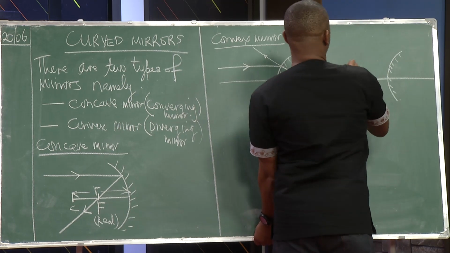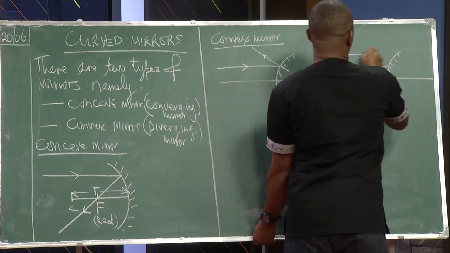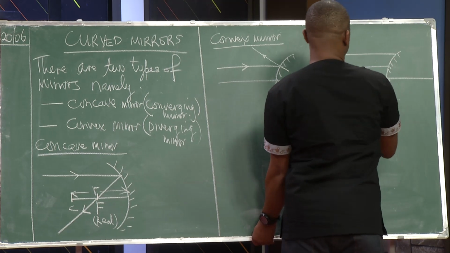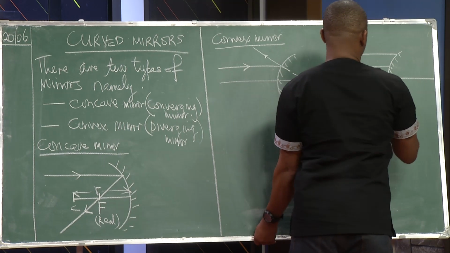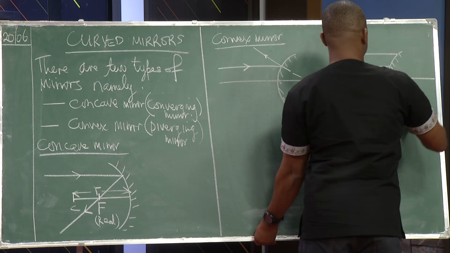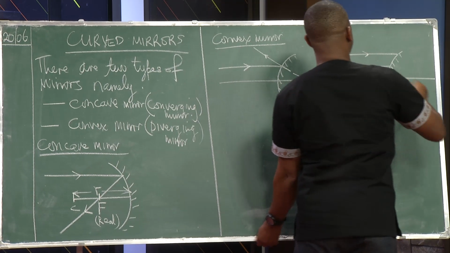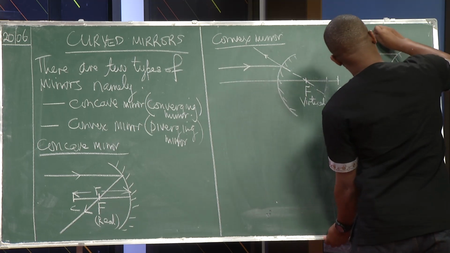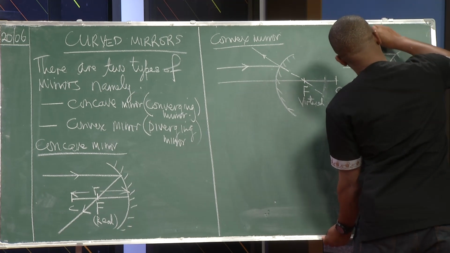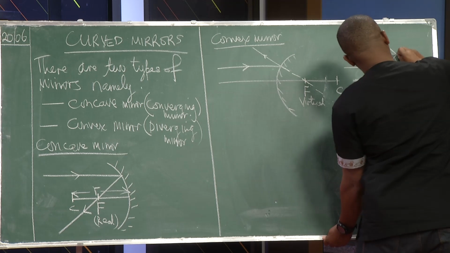This is what would happen if we have more than one incident ray. If we have more than one incident ray, and I'm using a mirror of this type, you would obtain a diagram that should look like this.